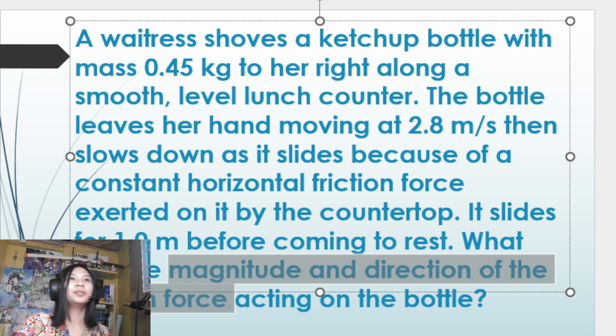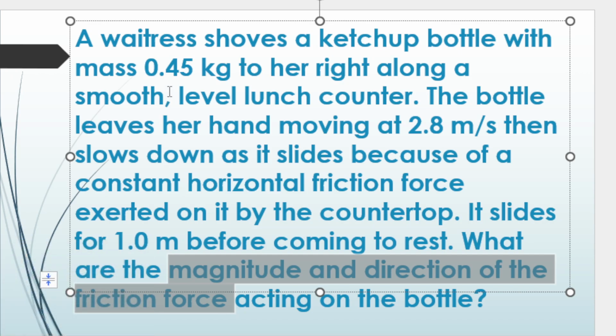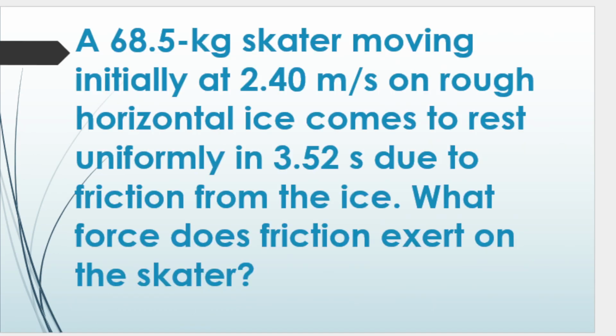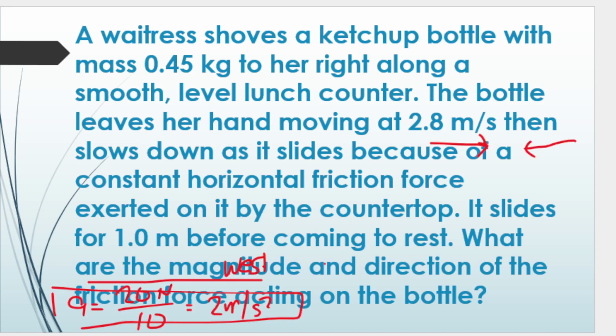Okay, so here, let's write out the given. The given first is the mass. The mass stated here is 0.45 kilogram. Next we have an initial velocity.